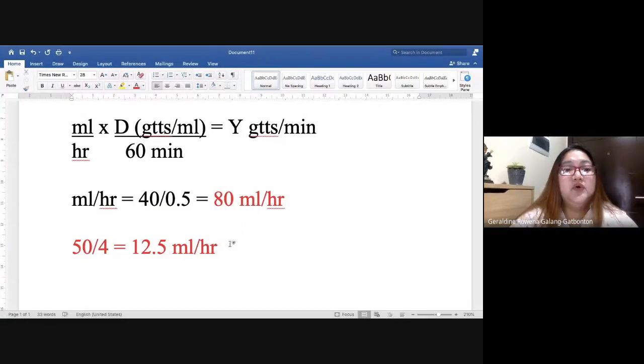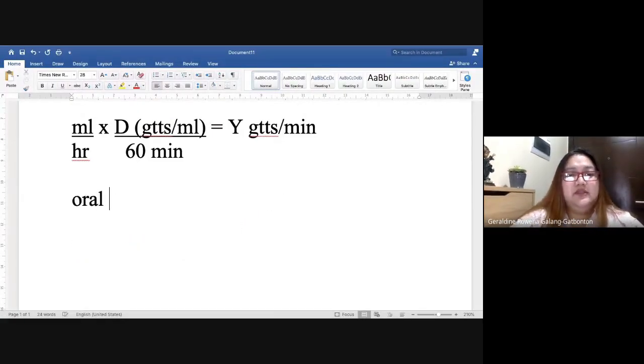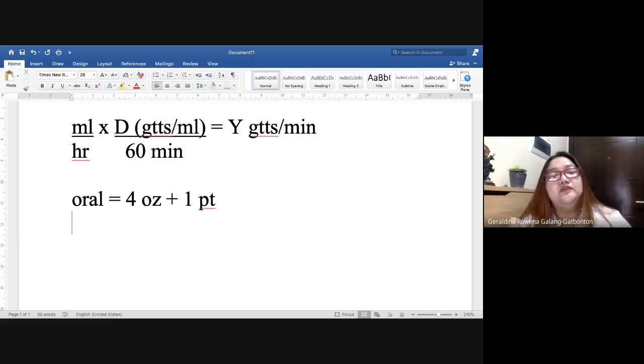So, oral intake is the 4 ounces of juice plus 1 pint of ice cream. That's why I told you, you have to know the conversion, because the standard we put in the chart is ml or cc. So, 4 ounces, how many ml? 1 ounce is 30 ml.